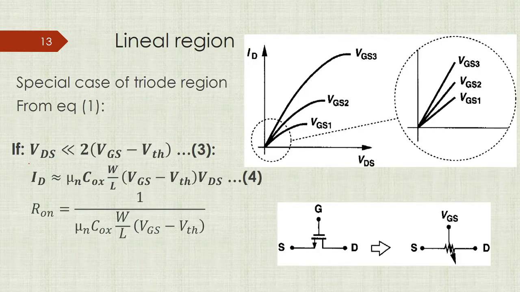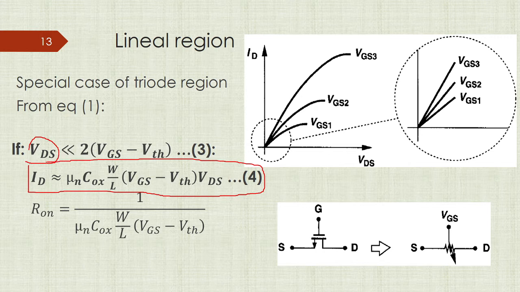How small? Let's say that VDS is much smaller than 2 times VGS minus VTH. If we use that, we obtain equation number 4.